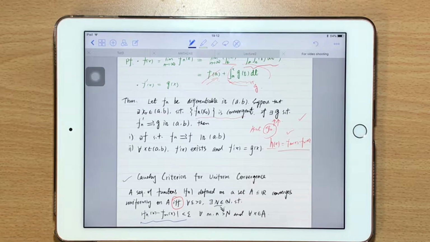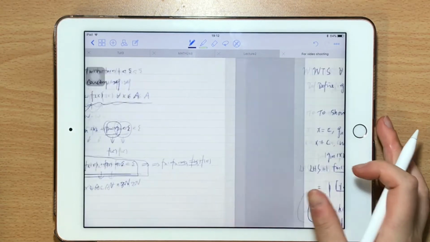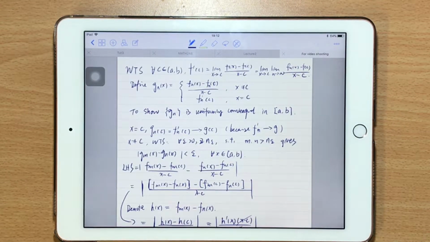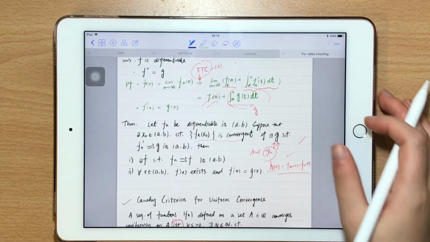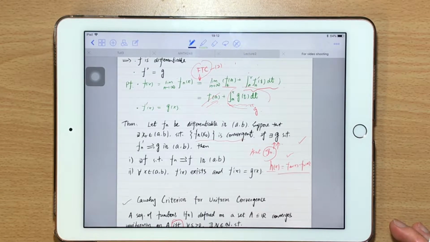The way we prove this theorem is a bit tricky. I have written down the proof of it. Let me first clarify that the idea of this proof is to first find the function g. In the condition of the theorem, it says if there exists g such that f_n prime converges uniformly to g.